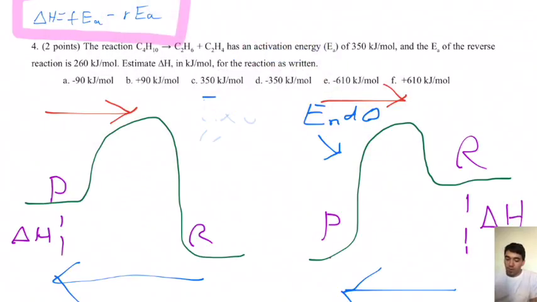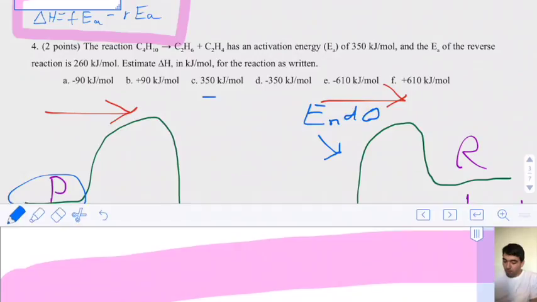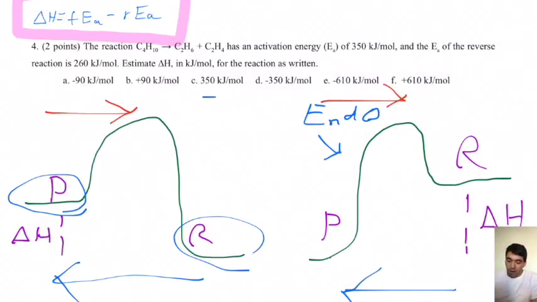This is exo because the energy leaves. Our product had less energy than our reactant. On the vertical axis you have energy, so more energy as you go up. Since more energy was in the reactants than the products, some had to leave, so it exited.